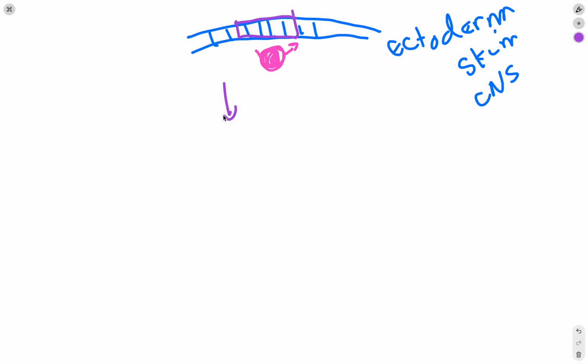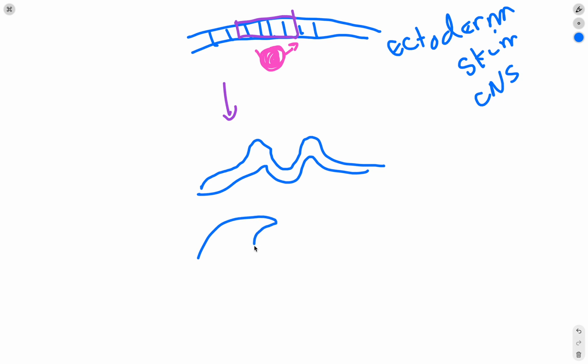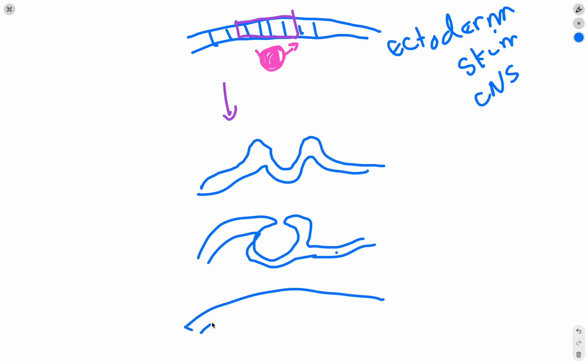If we do a little timeline, what we see is those cells start to change their shape, and they make a shape that looks like this in cross-section. Then it starts to go like that, and then it looks like this. Sure, that was not very good artwork.